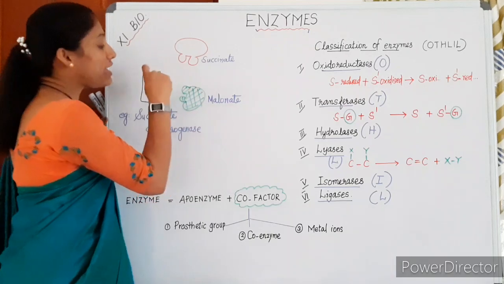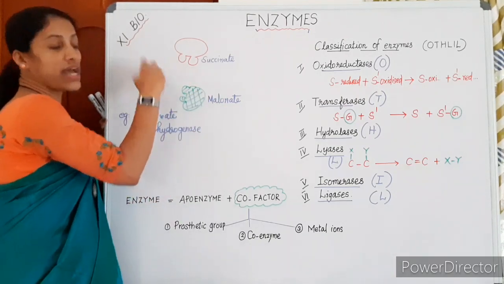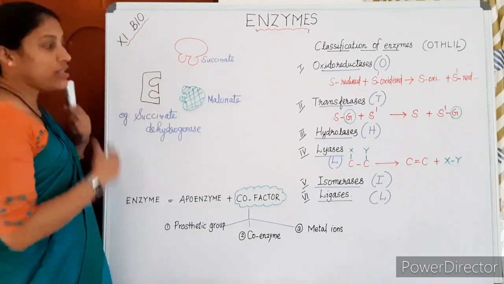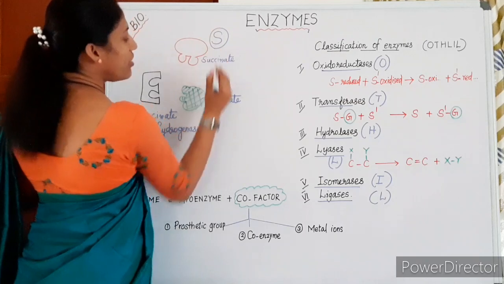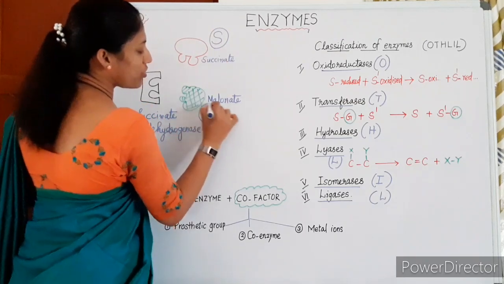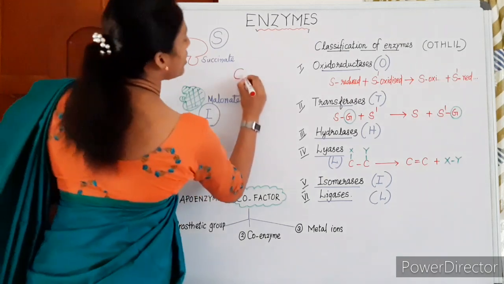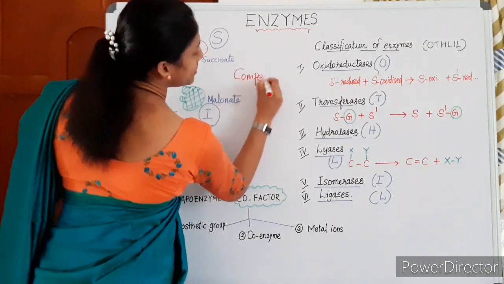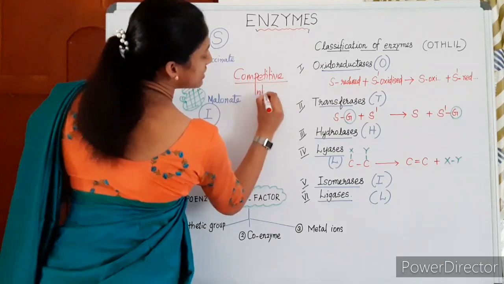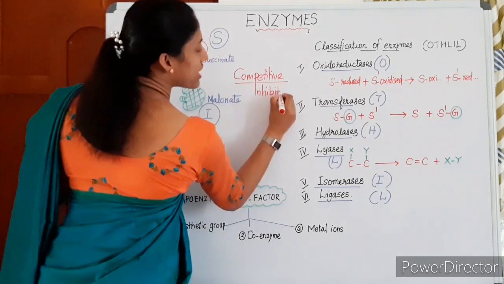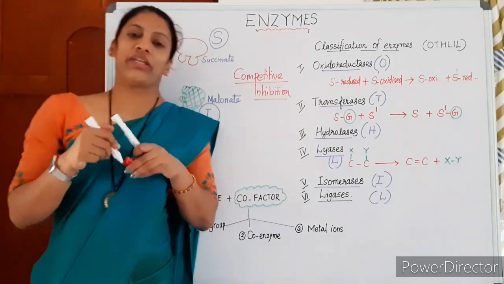But this is inhibiting that enzyme action. It binds to the enzyme instead of succinate. This is the substrate molecule, whereas this is the inhibitor molecule. And this type of inhibition is called competitive inhibition.